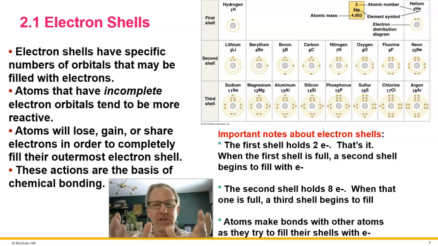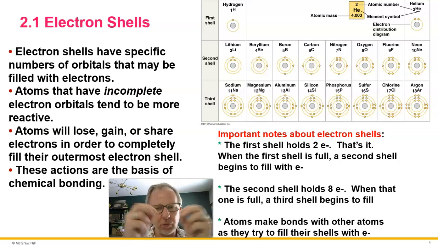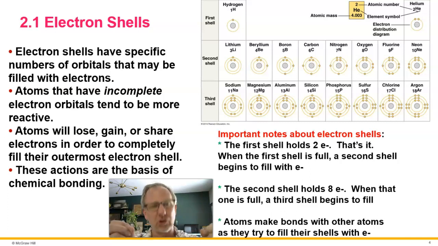These are like spheres, globes around the nucleus of an atom, and these shells are where the electrons are found spending their time. More specifically, these electron shells have very specific areas where electrons are spending time, and those specific regions are called orbitals. Those are the spaces that fill up with electrons around an atom.